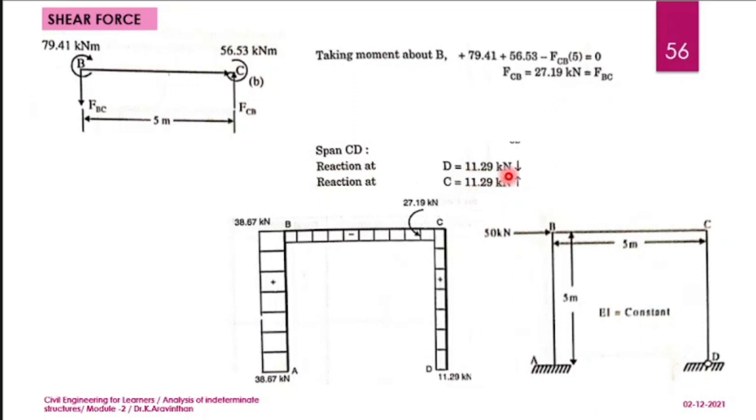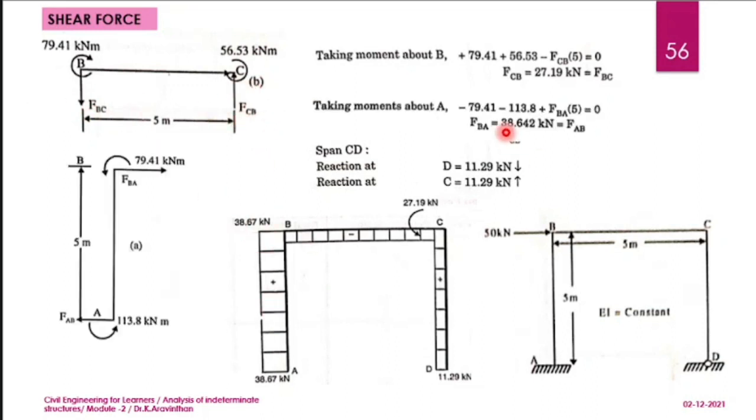So before drawing the shear force, you should know the reaction. Without knowing the reaction, you cannot draw the shear force diagram. So first we are finding the reaction. Now you know all the reactions for AB, BC and CD. You got the reaction of 38.67. So this will be your reaction, and the same will be your shear force.